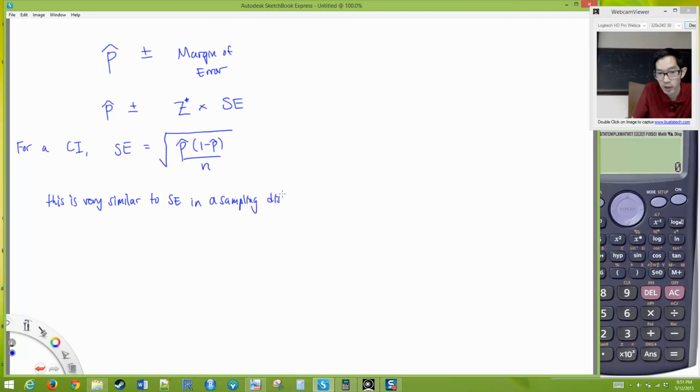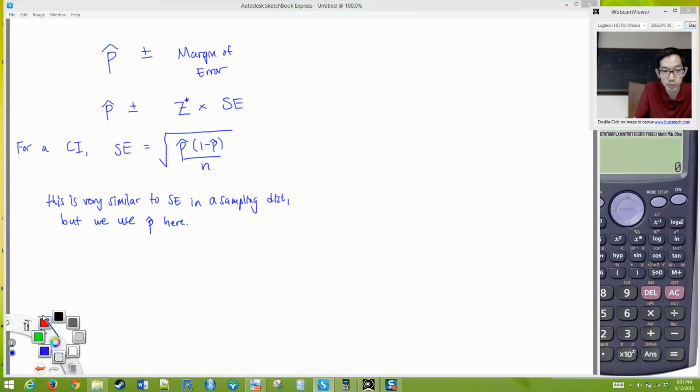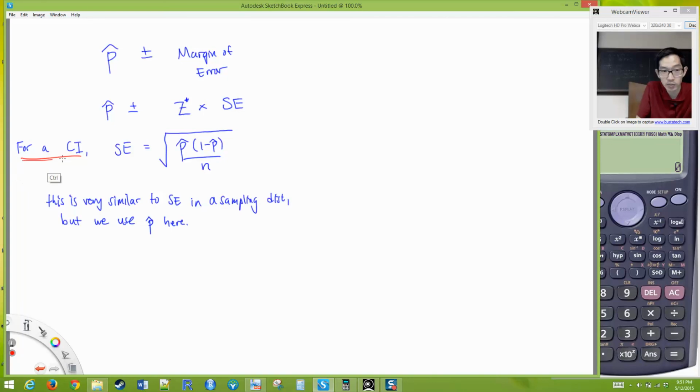But we use p hat here, and this is for a confidence interval where we use the p hats. Make sure you don't get them mixed up, because you're going to get the wrong answer if you get them mixed up.